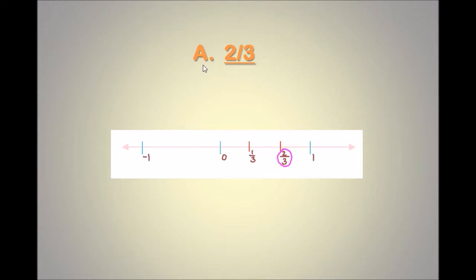Now let us first of all take up a positive rational number, 2 by 3, where the numerator 2 is less than the denominator 3. First of all, let us go to the text part.